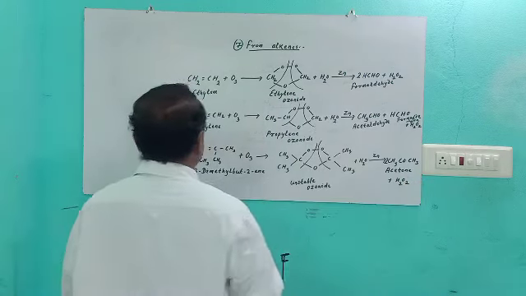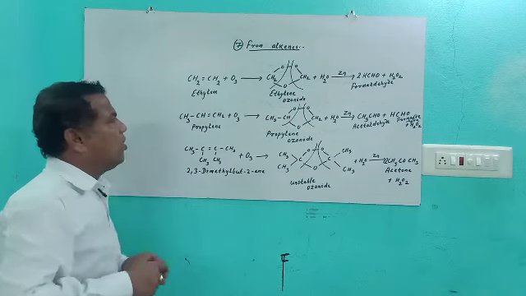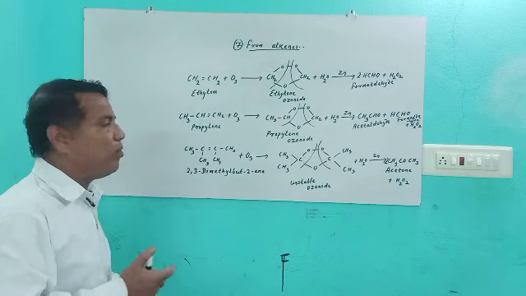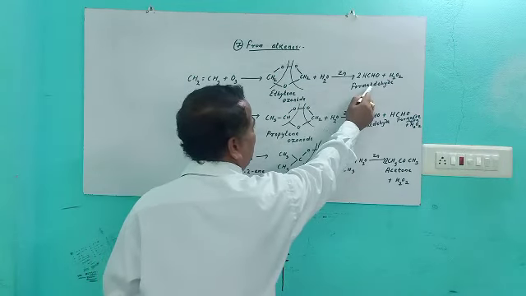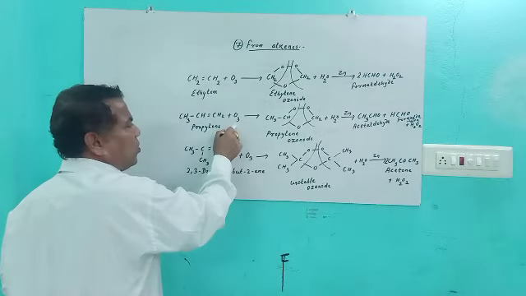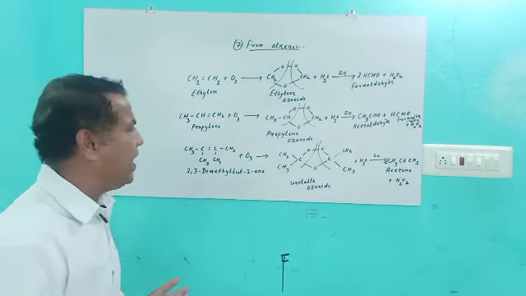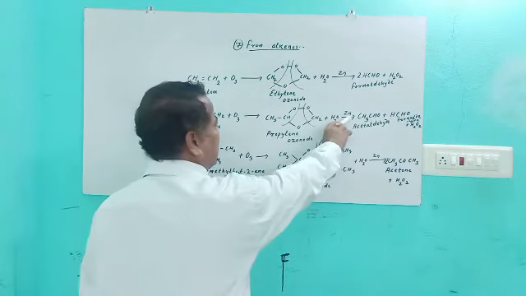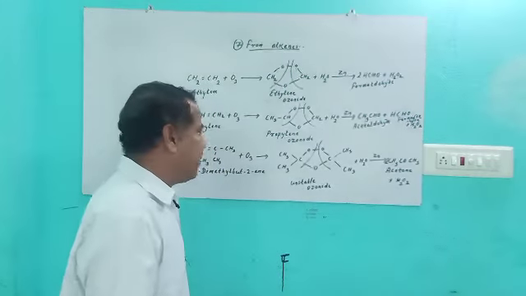So we know that ethylene on ozonolysis produces an unstable cyclic compound, ethylene ozonide, which on hydrolysis in the presence of zinc forms two molecules of formaldehyde. Propylene on ozonolysis forms an unstable cyclic compound, propylene ozonide, which on hydrolysis in the presence of zinc forms a mixture of formaldehyde and acetaldehyde.